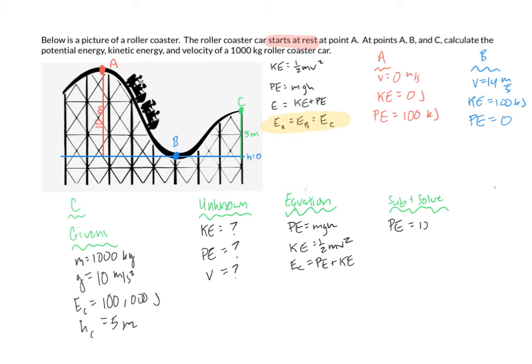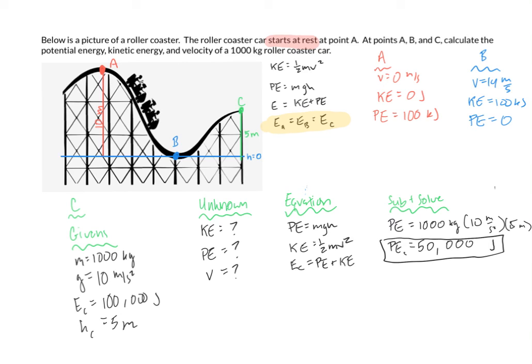My mass is 1,000 kilograms, g is 10 meters per second squared, and my height is 5 meters. I multiply that out, and I get that my potential energy is 50,000 joules, or 50 kilojoules. So I have finished my first unknown for C, and I can move forward and find my kinetic energy.